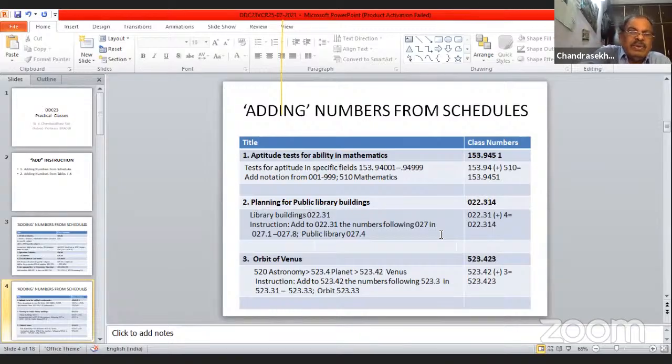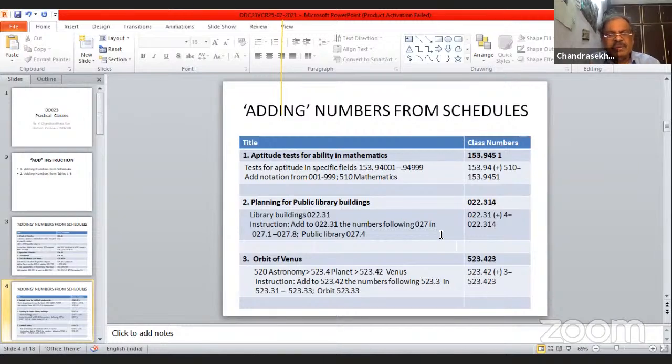You have to add 027.7, out of that 027 removed, and 7 is left. So you add that 7 there. This is another example of adding a part of the number from another class number.